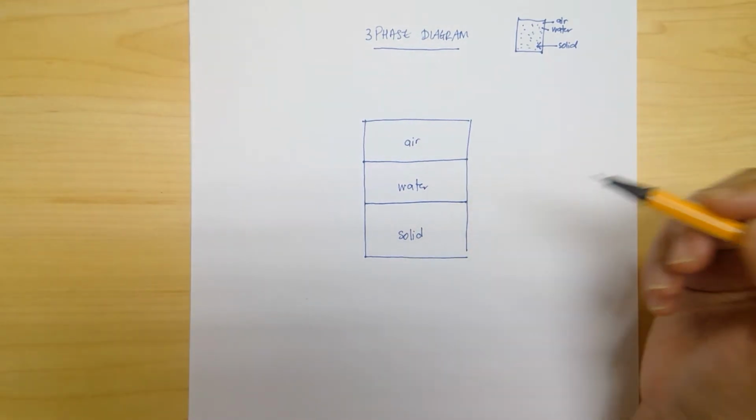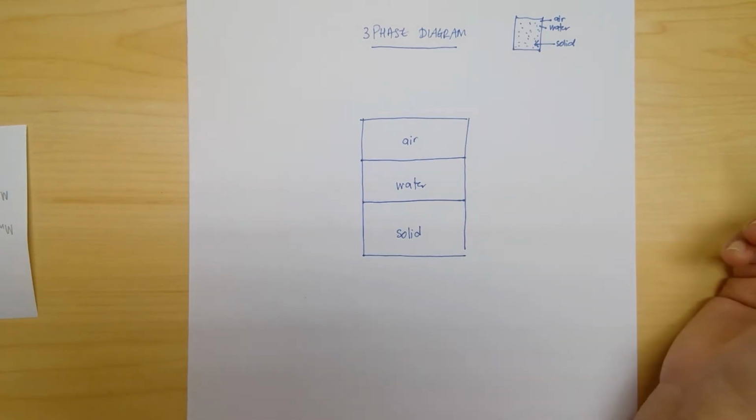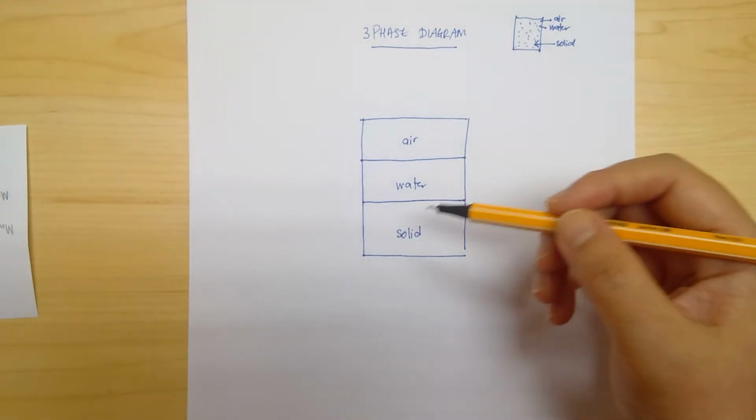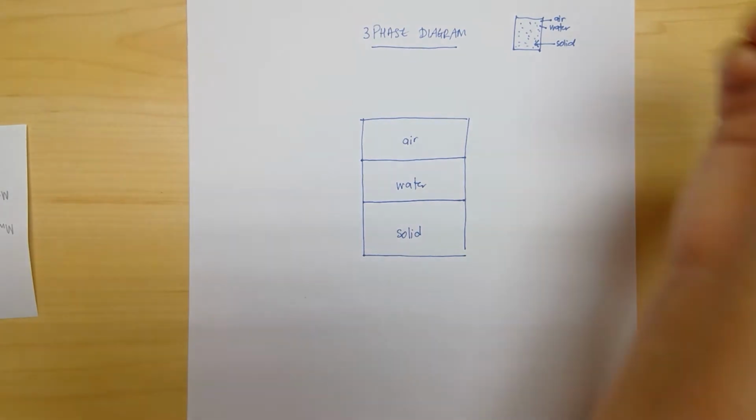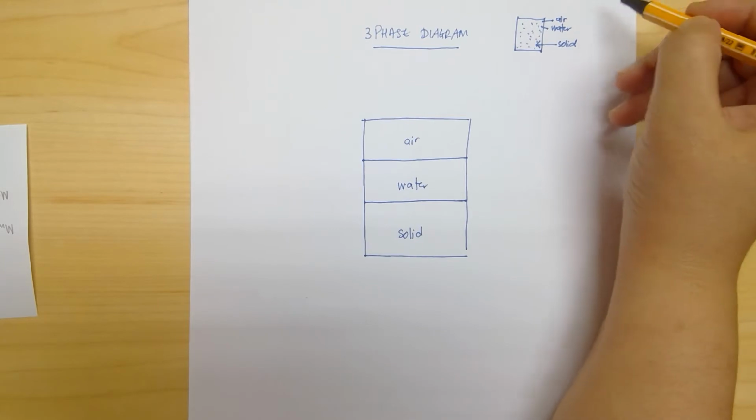But apart from this, we want to know a lot more, which equations represent this particular three-phase diagram. Before I introduce you to any equation, let's learn about the notation.